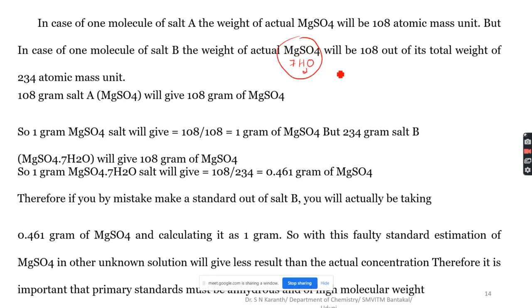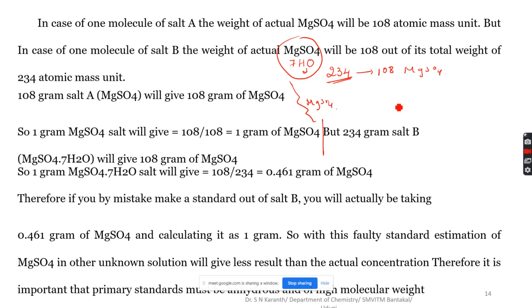So the entire atomic mass is 234, and out of 234 we observe only 108 as the mass of MgSO4. So here 108 grams of salt A will give 108 grams of magnesium sulfate, and 1 gram of pure magnesium sulfate will give exactly 1 gram of magnesium sulfate.